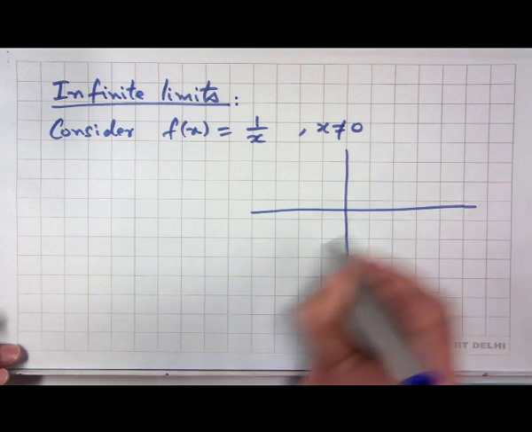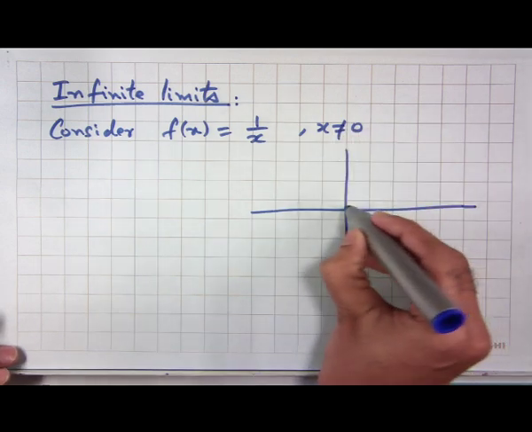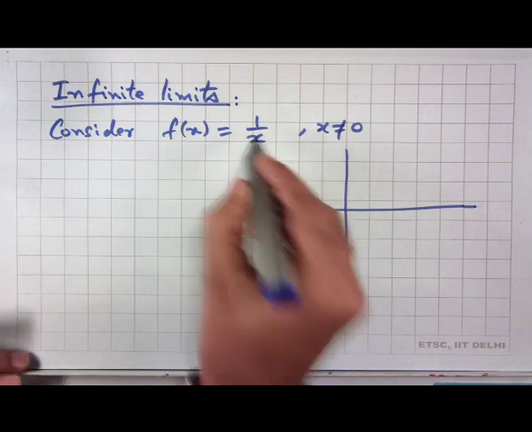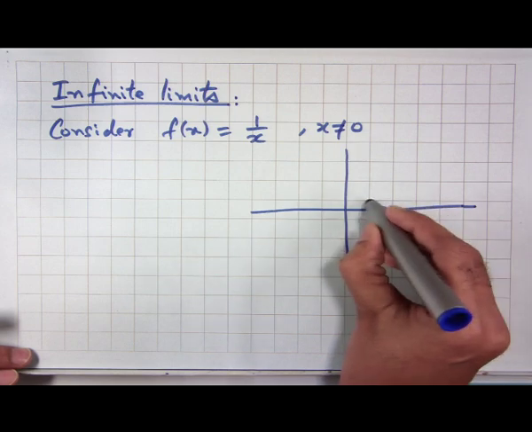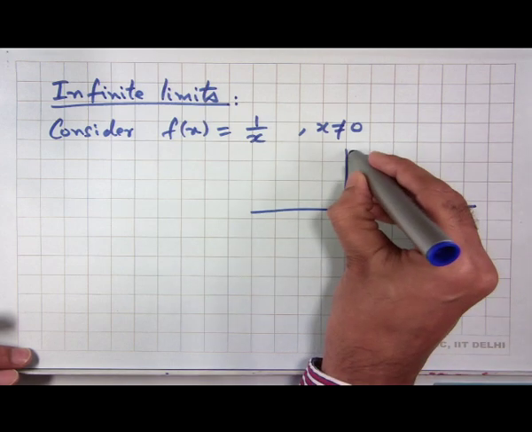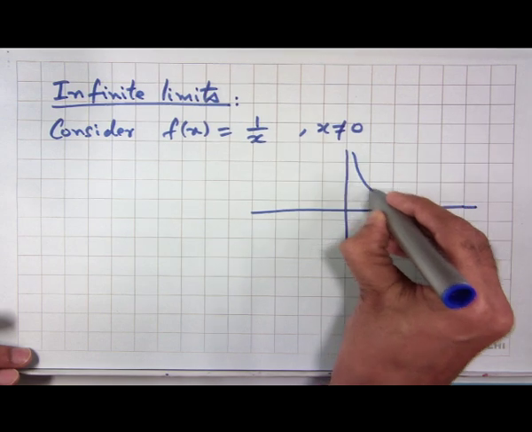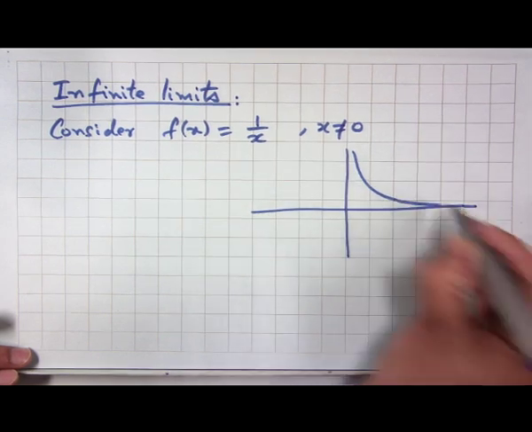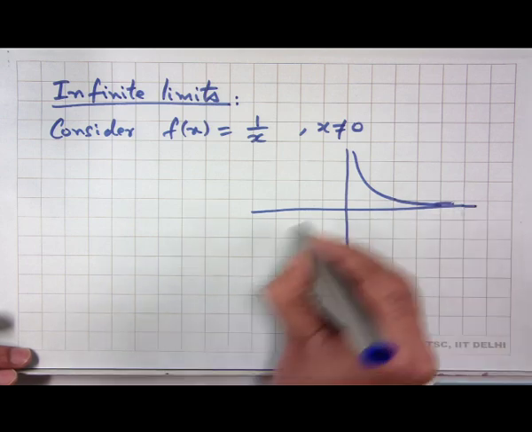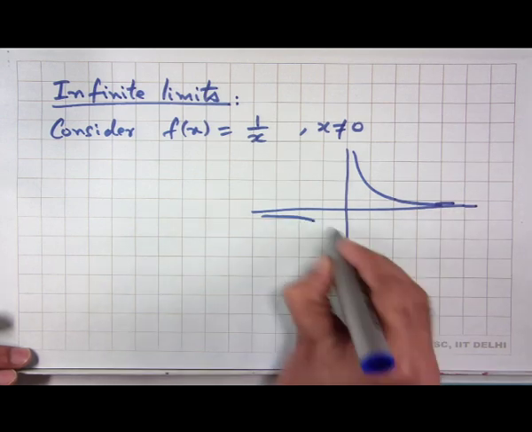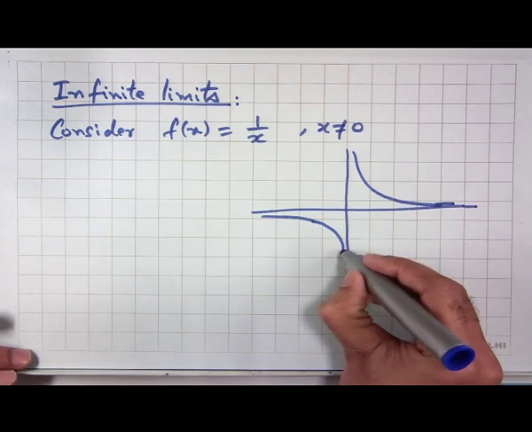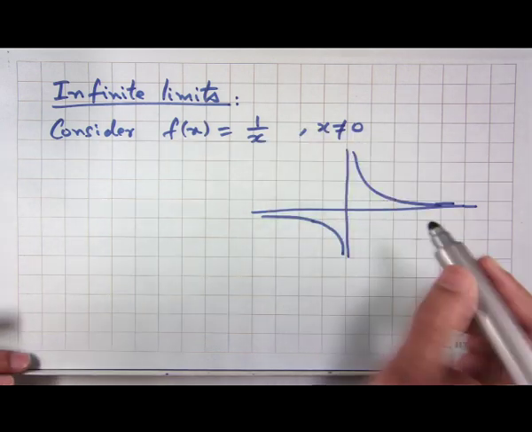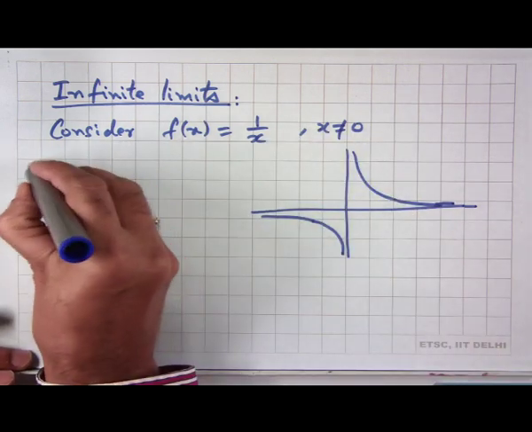If you see, as we approach 0, as x becomes a small positive number, 1 by x becomes larger and larger. So, the graph of this function is this rectangular hyperbola, and for negative x we have this, as x is negative.